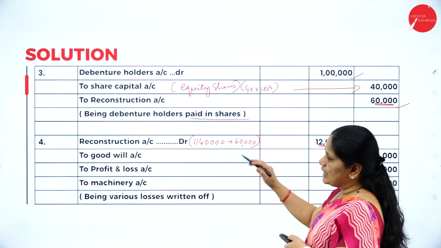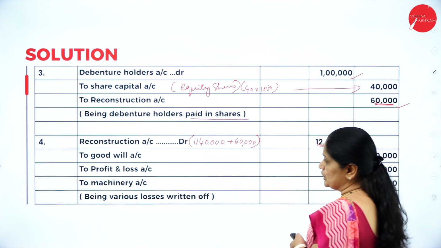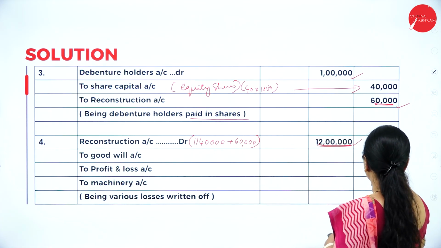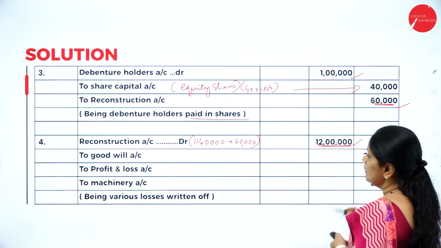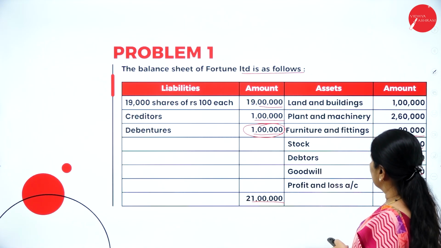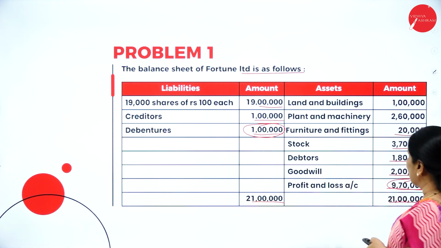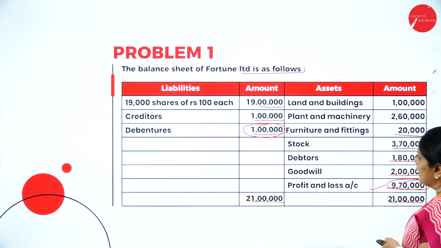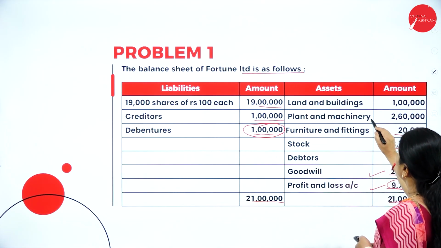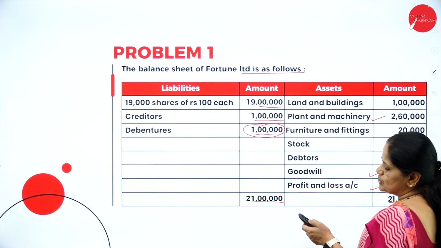I have debited the entire reconstruction account or the capital reduction account 12 lakhs, to goodwill account 2 lakhs, to profit and loss account. What is the profit and loss account balance? If you can see the balance sheet here, there is a debit balance of 9,70,000. This I am writing off. Goodwill also I am writing off, and the remaining of the plant and machinery I am writing off.